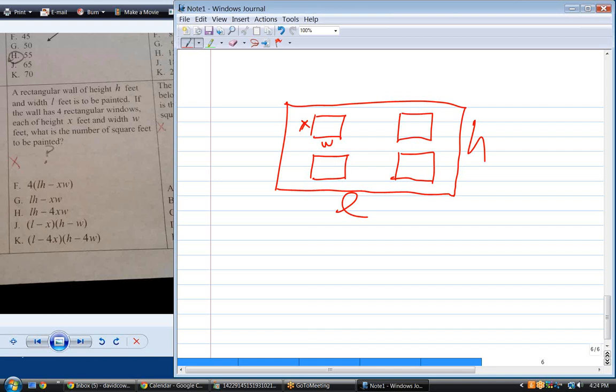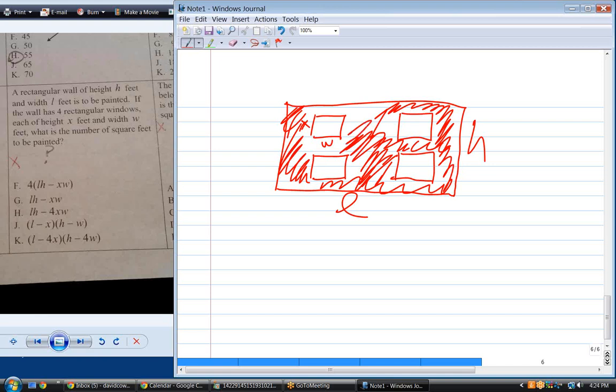What's the square footage to be painted? In other words, this is a shaded area problem. Shaded area problems are always what kind of problems? They are always subtraction problems, exactly.